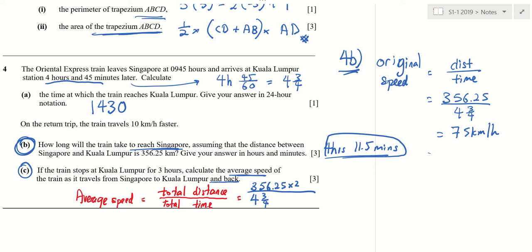Can you read this? Can you tell me what is the return speed? 85. So can you write down return speed equals to 85?